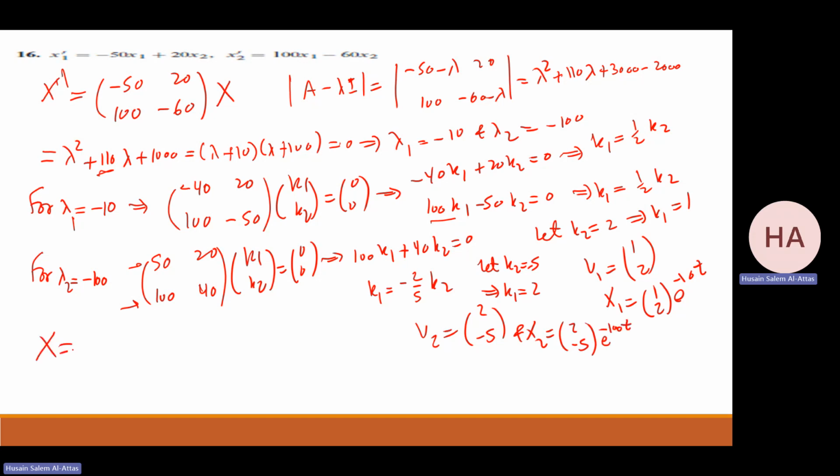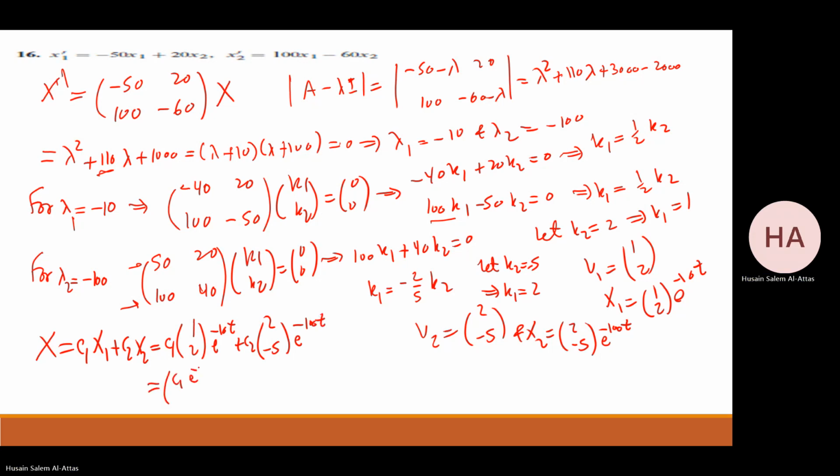So it is my X, C1 X1 plus C2 X2. That would be C1 (1, 2) e to the minus 10t, plus C2 (2, minus 5) e to the minus 100t, which I can rewrite as X1 equals C1 e^(-10t) plus 2C2 e^(-100t), and X2 will be 2C1 e^(-10t) minus 5C2 e^(-100t).